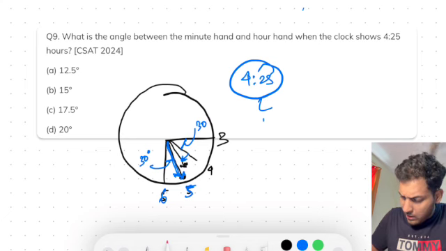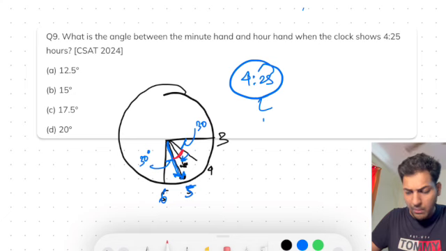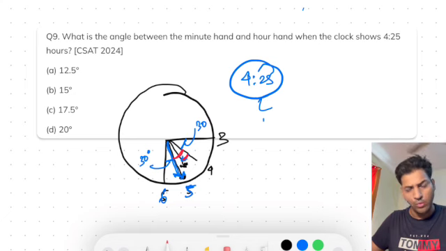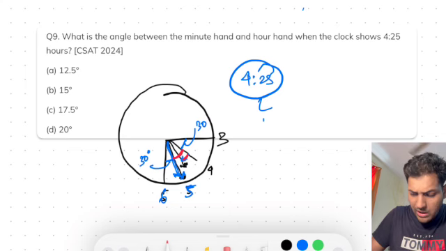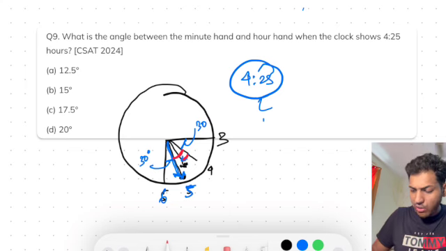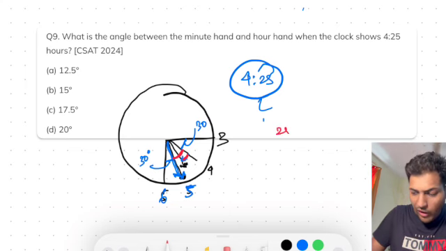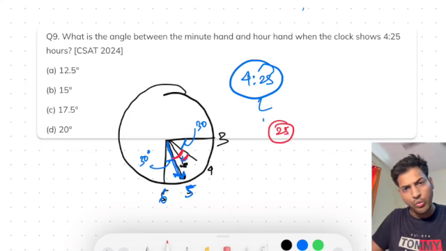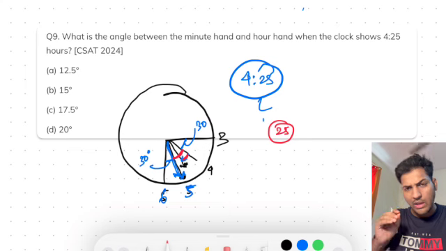Now this angle, you can see, this angle would have been 30 between minute hand and hour hand, but the problem is this much our hour hand has moved. So I will subtract that from 30. This is 30, but our hour hand has moved this much. So I will subtract this angle from 30, I just need to find this angle. Now in 25 minutes, how much our hour hand will move? Now I want each of you to know that I have already explained that each minute our hour hand moves half a degree.